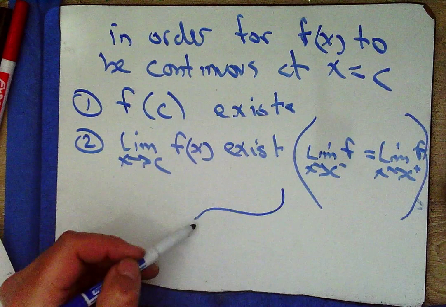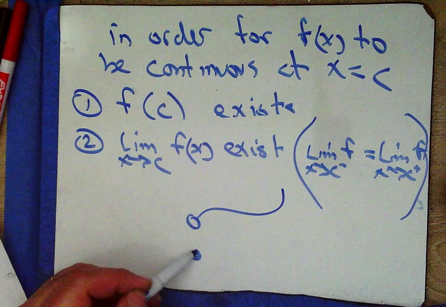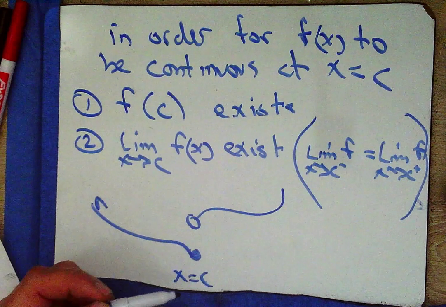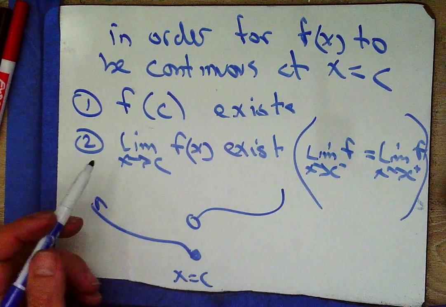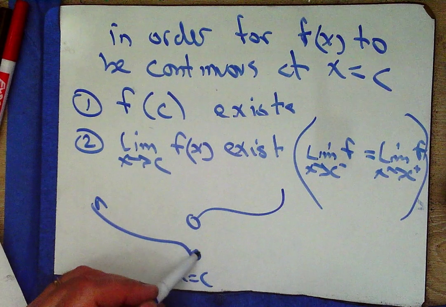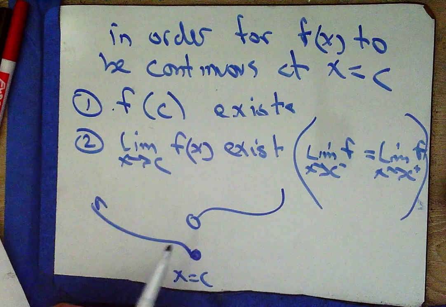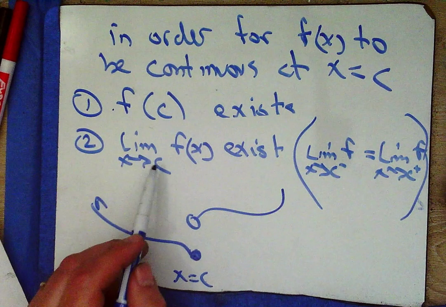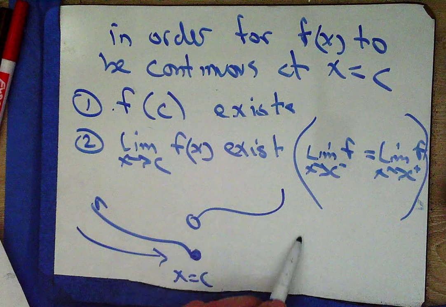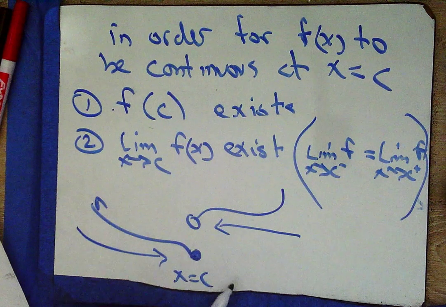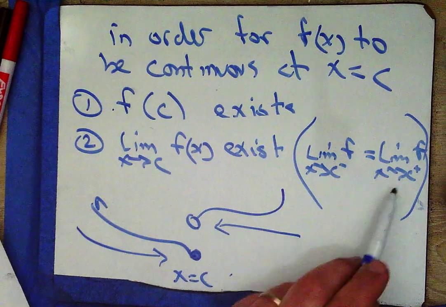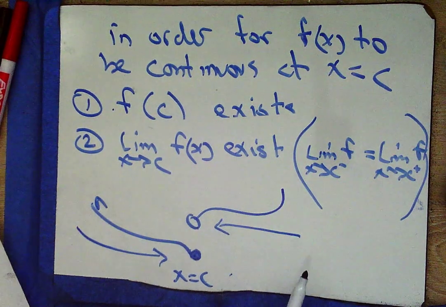And so when I look at this, and that's my x equals c, is this function continuous at x equals c? Well, f of c exists. I see the filled in circle, so I've met that requirement. But does the limit exist? Well, I'm approaching one y value from the negative side, and a different y value from the positive side, and therefore these won't be equal, and that limit doesn't exist.